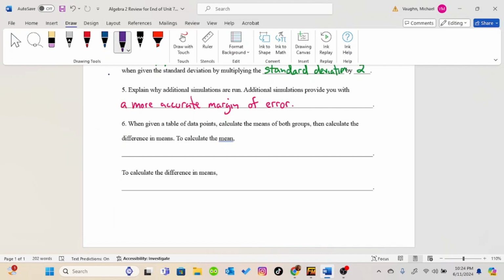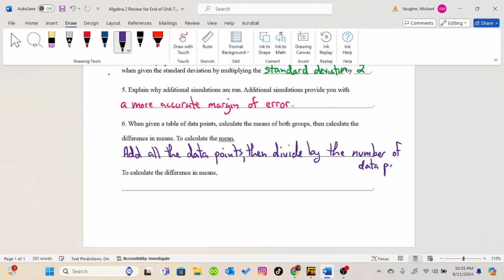So, to calculate the mean, add all the data points, then divide by the number of data points. Remember that the mean is the average.